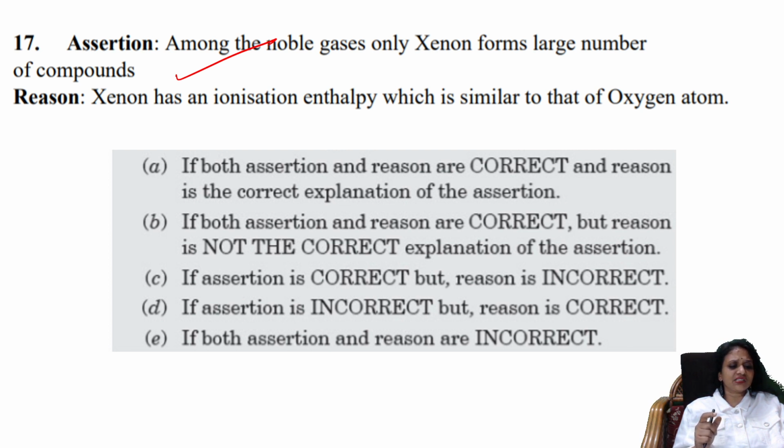If I say 1166, 1170, it is almost similar. Let's check that. Basically here, assertion is correct, reason also is correct. But the explanation is not giving the similar explanation.